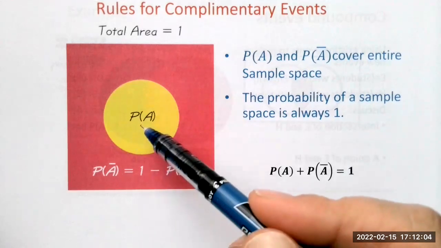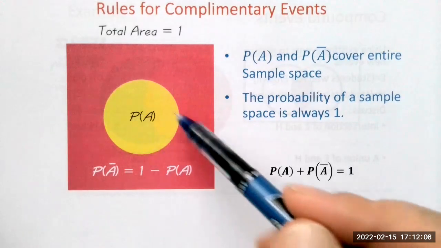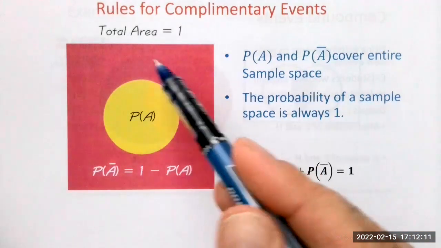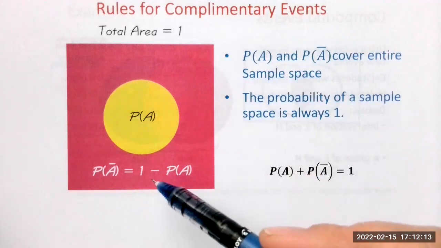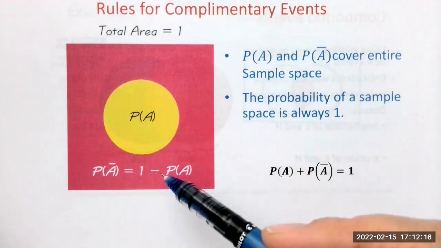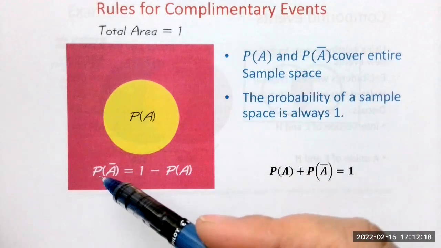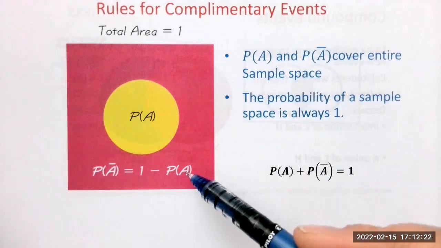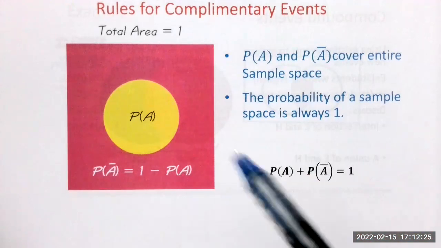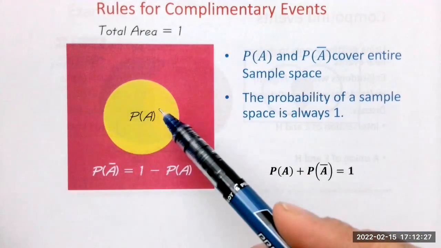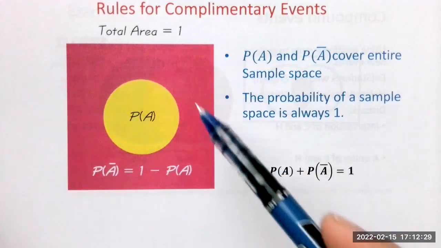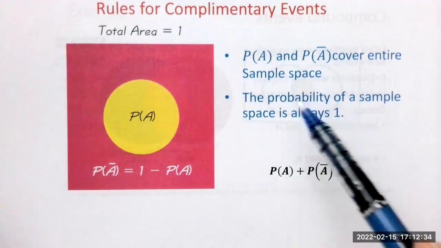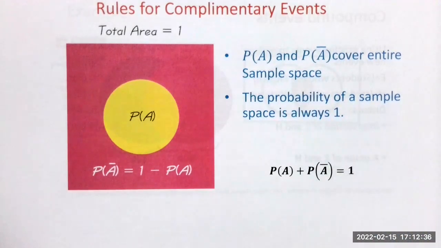If the probability of event A is known, then the rest of it is the probability that the event will not happen. So the probability of a complement is 1 minus the probability of the event itself. Together, the probability of A and not A equals 1, and that's the probability of the sample space.